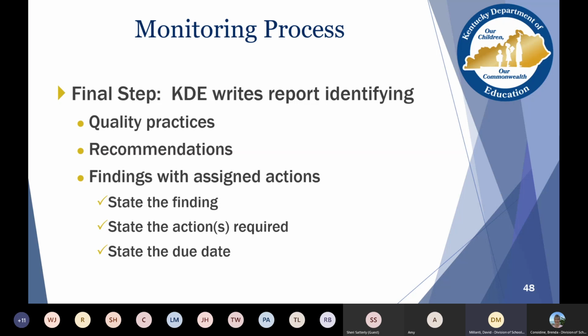If it's an area of recommendation, we try to put in front of you some suggestions on how you can solve those issues in a cross-cutting manner at the district level, so working across different programs. Where our initial programmatic reports might include findings, the consolidated report is a report of recommendations only and has no required follow-up, but it does allow you to see where you might be able to gain some efficiencies.